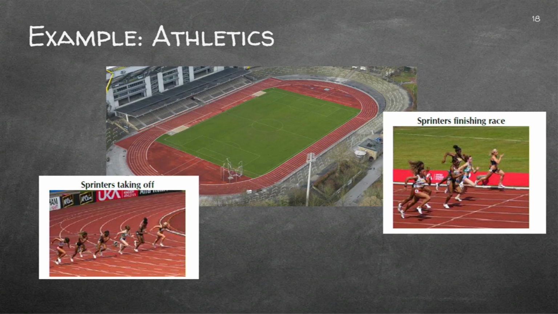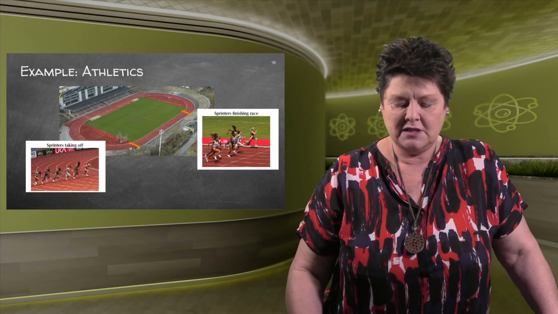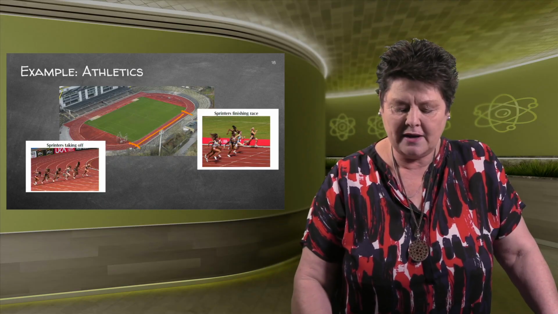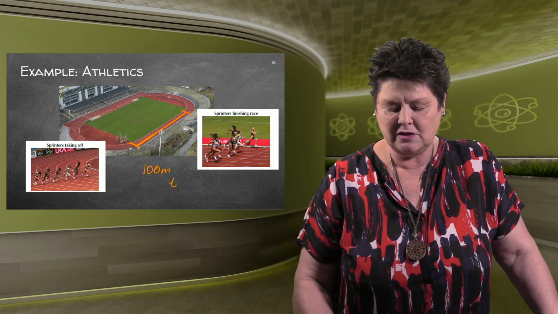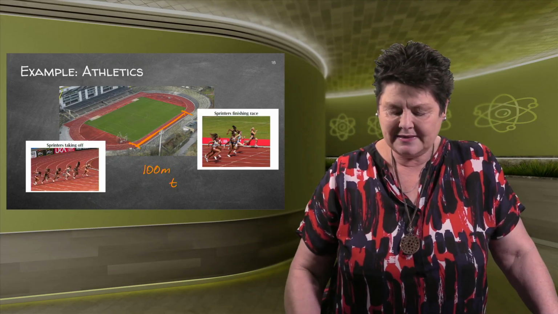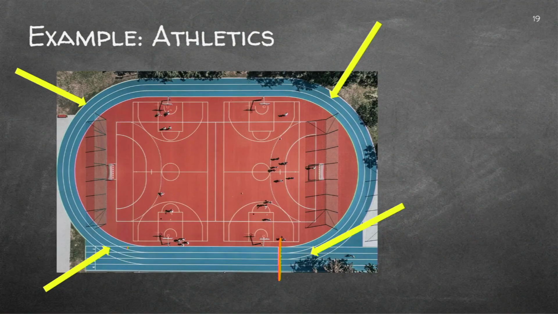We've got sprinters starting here, and they are running towards the end line, the final point, and we've got people taking the time, so we know they run that 100 meters in a certain time. What does that mean? It means that we've got to determine the distance and the displacement.